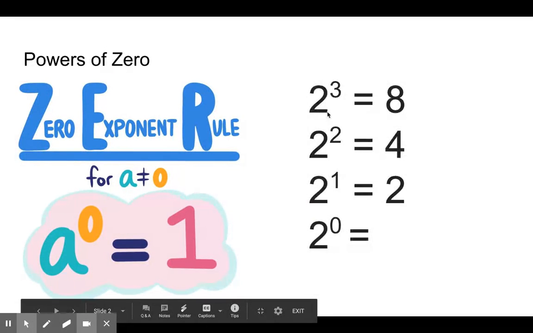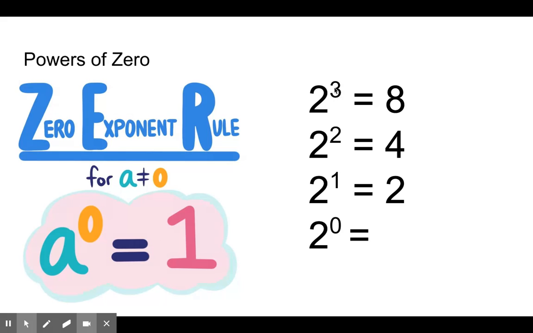So for example, if we follow along here, 2 to the power of 3, that's 8. 2 times 2 times 2. 2 to the power of 2 is 4. 2 to the power of 1 is 2. Well, what's 2 to the power of 0? It's going to be 1. I just told you that's the rule. But the reason in this situation is because as we move down from 8 to 4, we're dividing by 2 each time, right? 8 divided by 2 is 4. 4 divided by 2 is 2. 2 divided by 2 is 1.